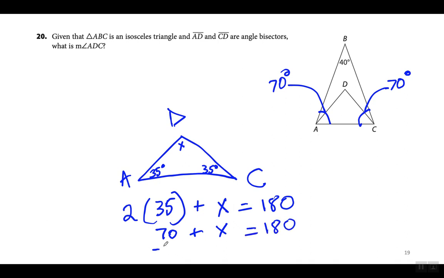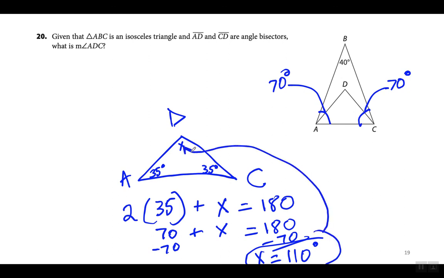Now just subtract 70 from 180, and you'll have your answer. X is going to equal 110. Okay, así que el ángulo que teníamos que encontrar mide 110 grados.